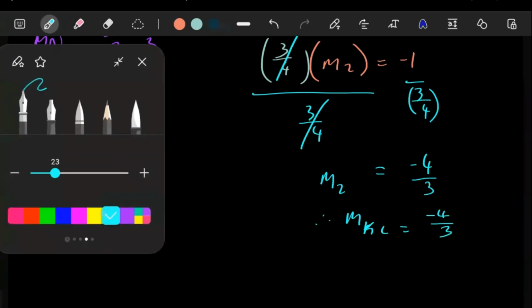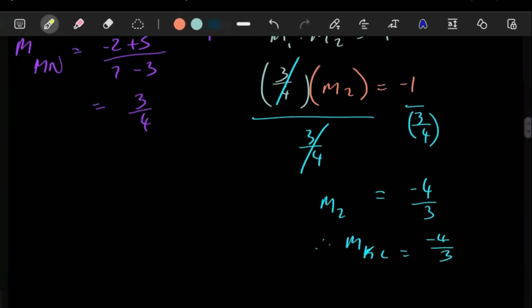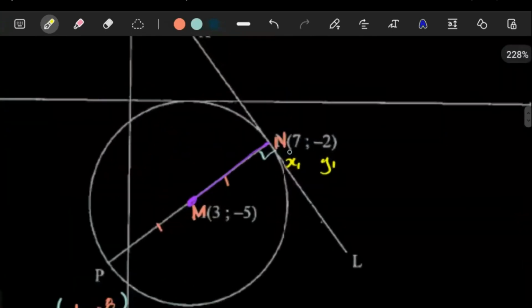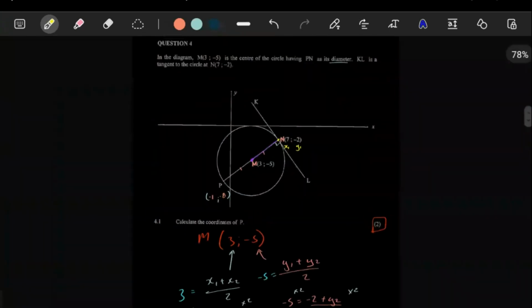Since you have the gradient of KL, you can now use the equation y minus y1 equal to m times x minus x1. The x1 and the y1 is the coordinate that your line passes through, which is here, 7 and -2.